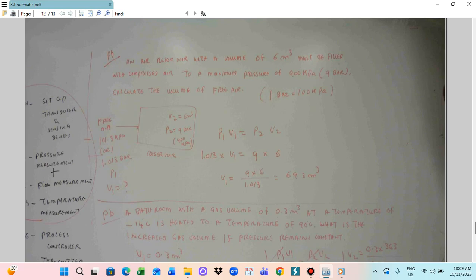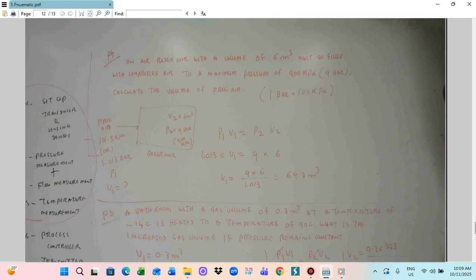Outside free air is normally 101.3 kilopascal, or 1.013 bar. So this is the outside free air pressure P1, the normal free air pressure of 101.3 kPa or 1.013 bar.